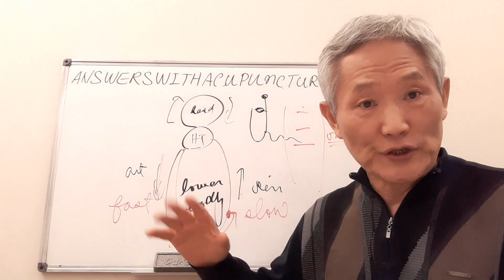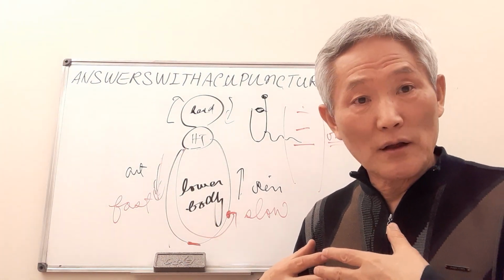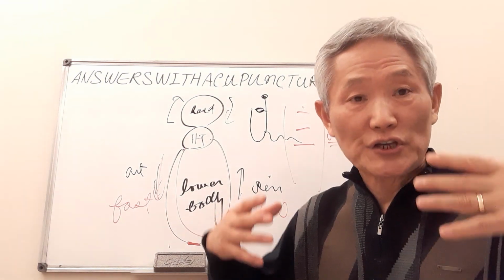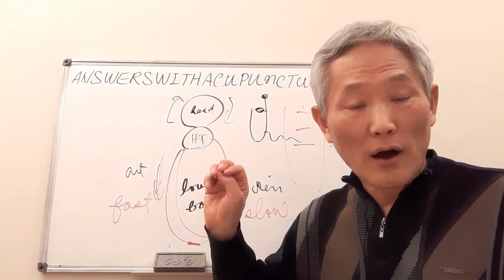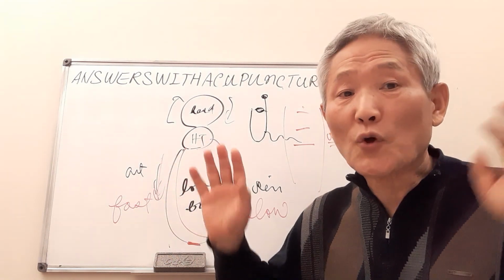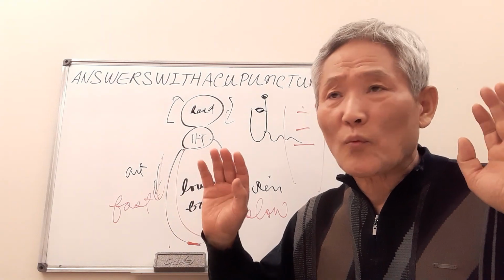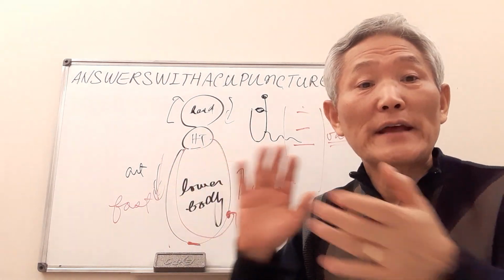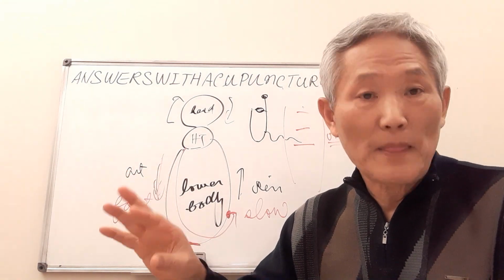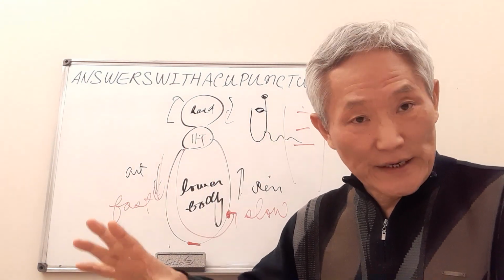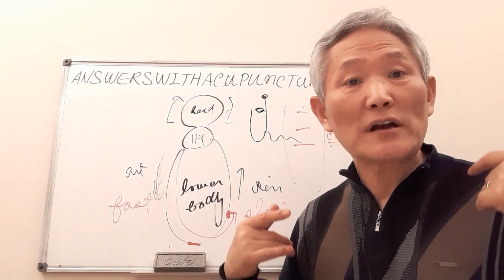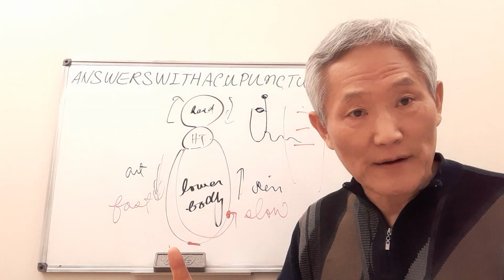But unfortunately, our liver, heart, pancreas, lung, kidney, gallbladder, stomach, all those organs have very few nerves. Unfortunately, even though there is a blockage, we may not be able to realize there is a blockage there.